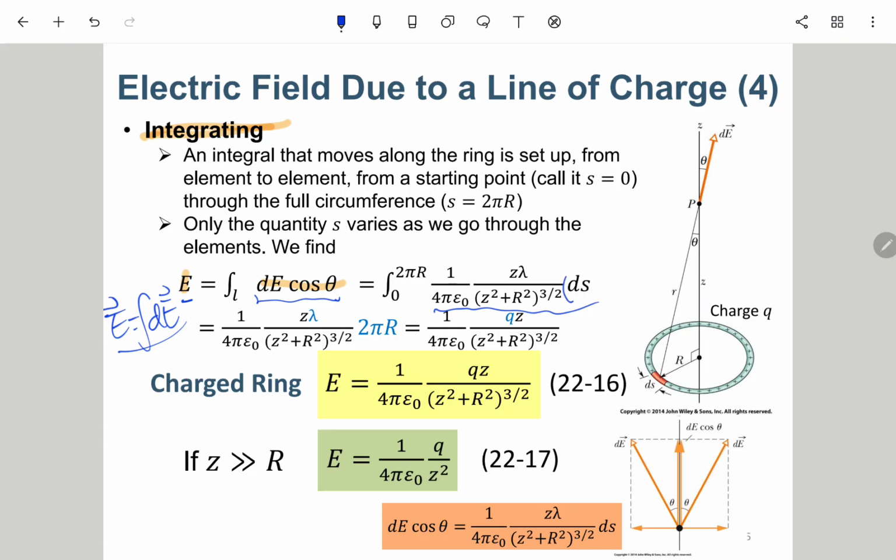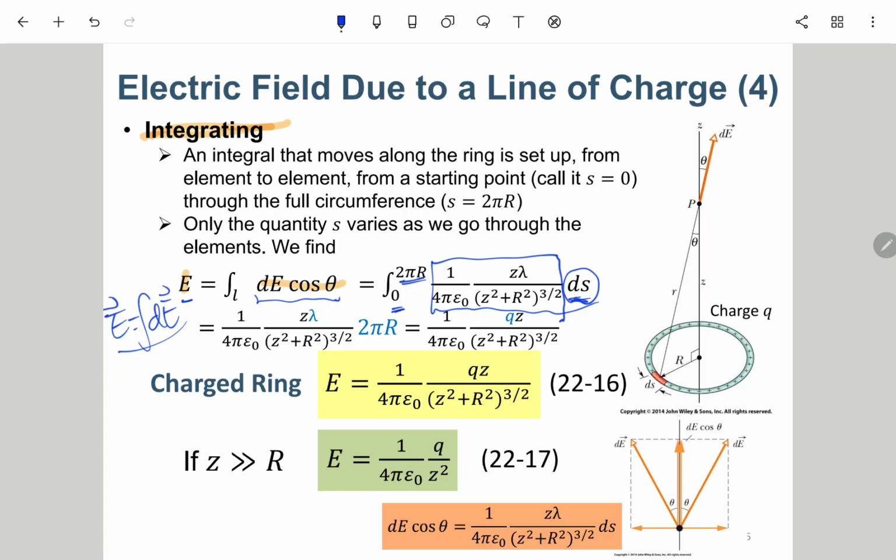Then we integrate ds for the whole circle, which is from 0 to 2 pi r, the circumference of a circle. So this is the lower and upper bound for ds.